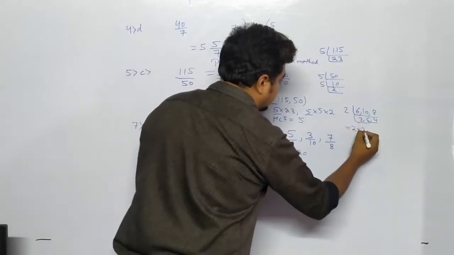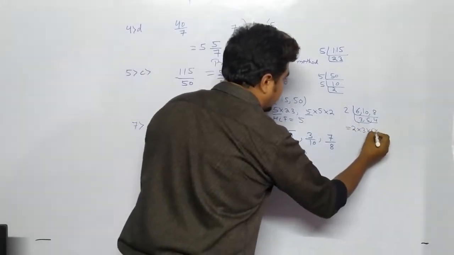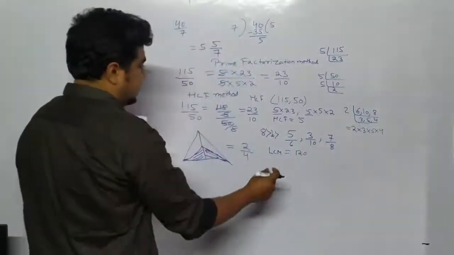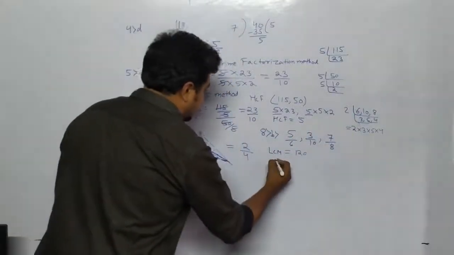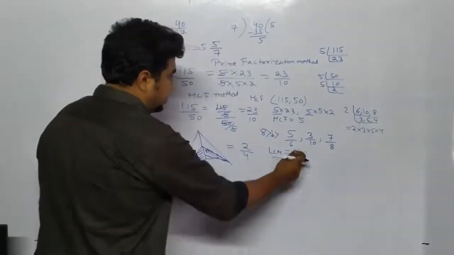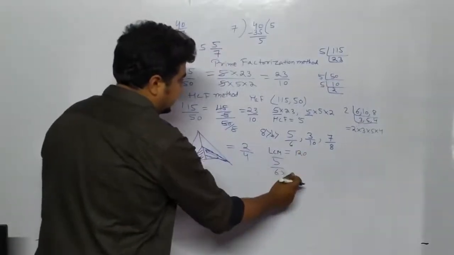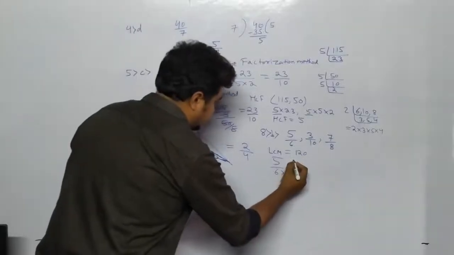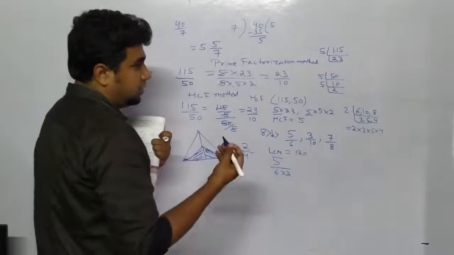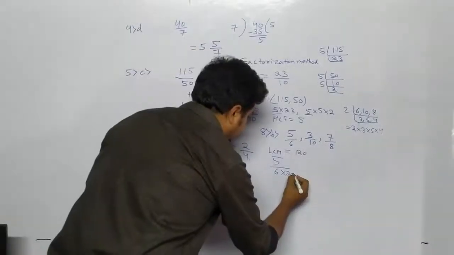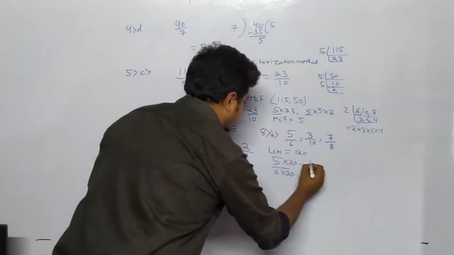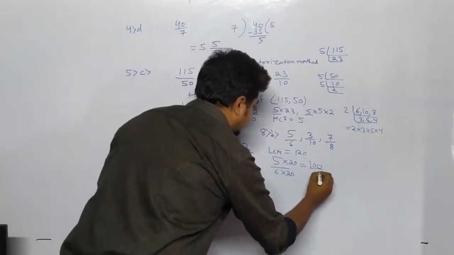Now the LCM is 120. You have to make 5 by 6 with denominator 120. You have to multiply it by 20, so the numerator also you have to multiply by 20. What you are getting is 100 by 120.